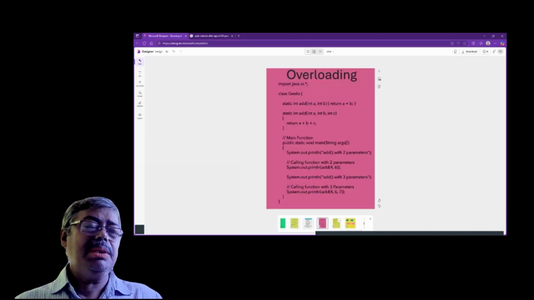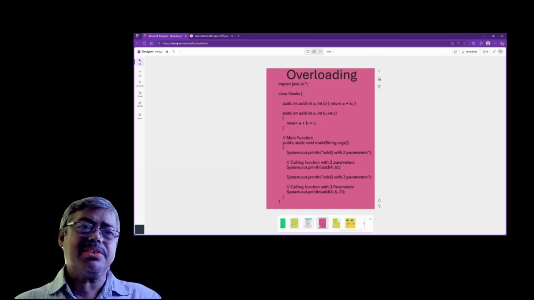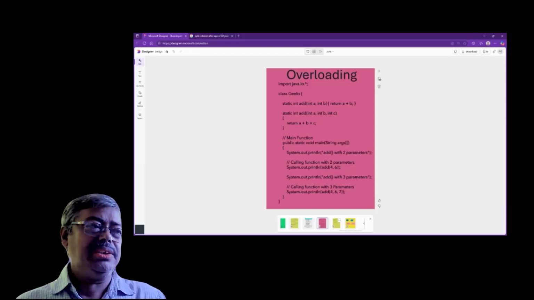Overloading. Suppose we have two functions with the same name, add. The first time we are adding two integers, A and B. The second time, with the same function name add, we are adding three integers.